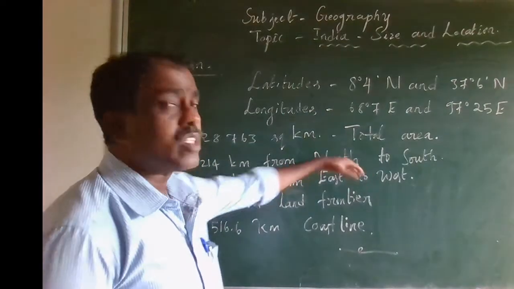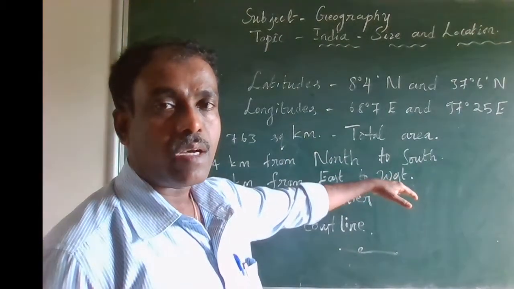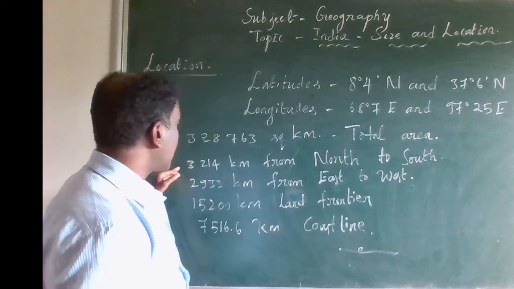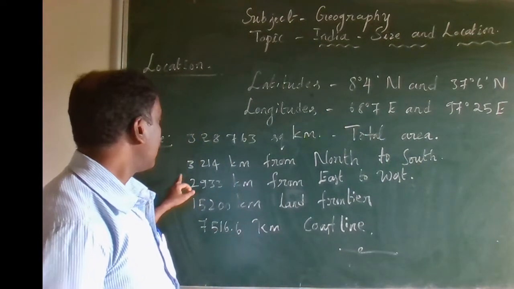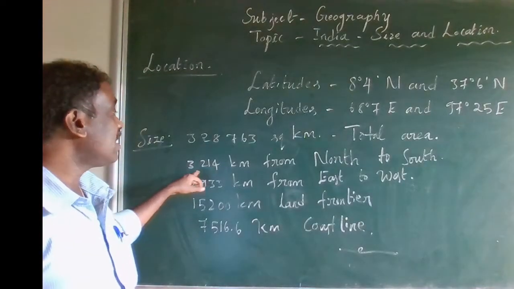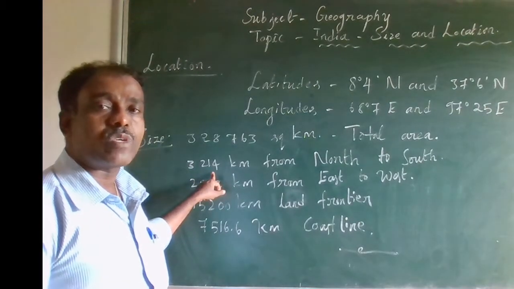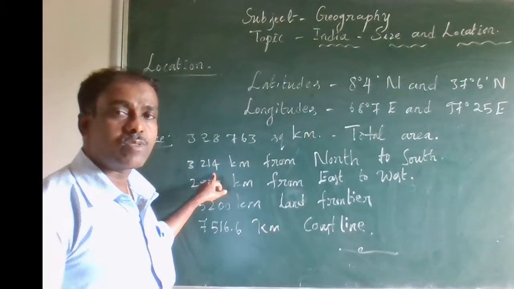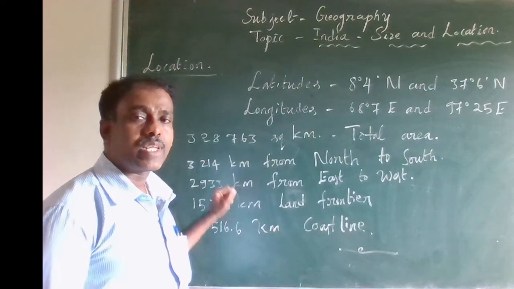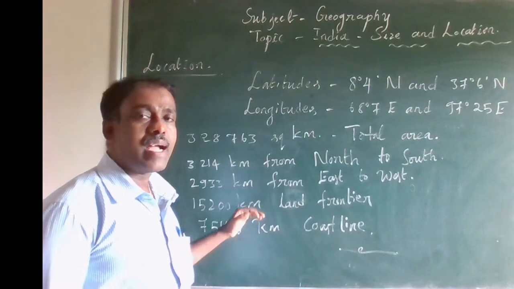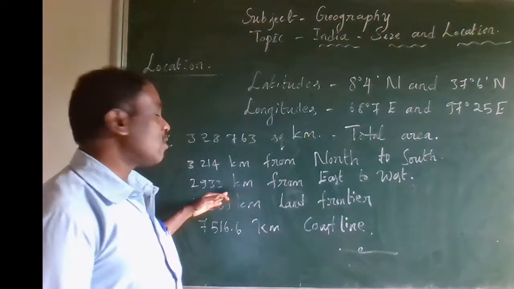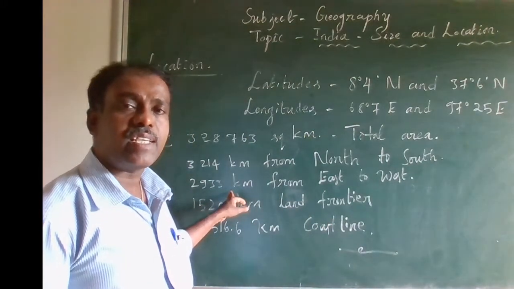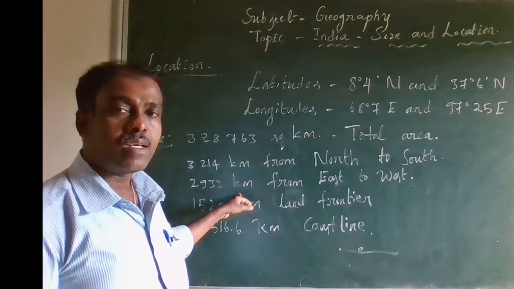From north to south, the total length of our country is about 3,214 kilometers, and from east to west, 2,933 kilometers.